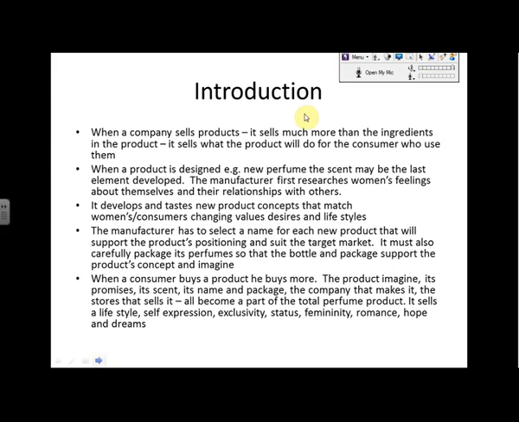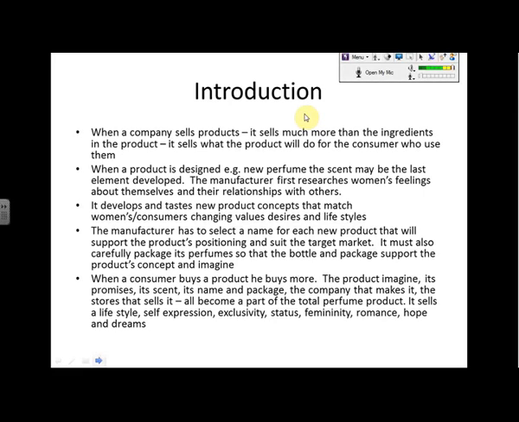Why? It sells more than the ingredients within the product. It sells what the product will do to the consumer who will use the product.